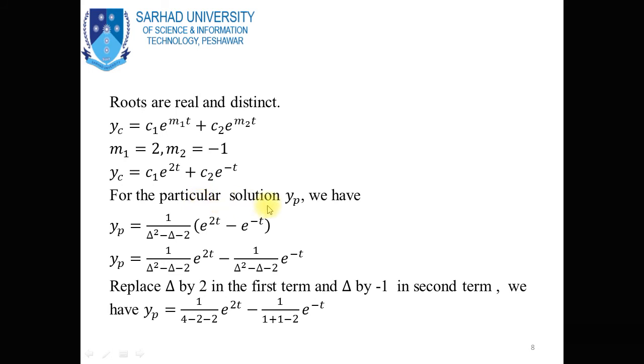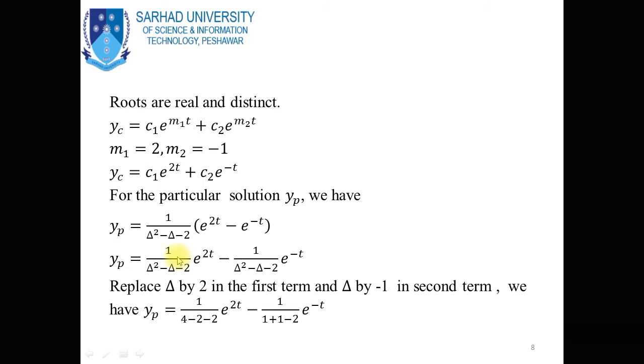Now to find the particular solution. For the particular solution, we write yp is equal to the inverse operator into the right hand side function, e power 2t plus e power minus t. So the inverse operator upon e power 2t and the inverse operator upon e power minus t.